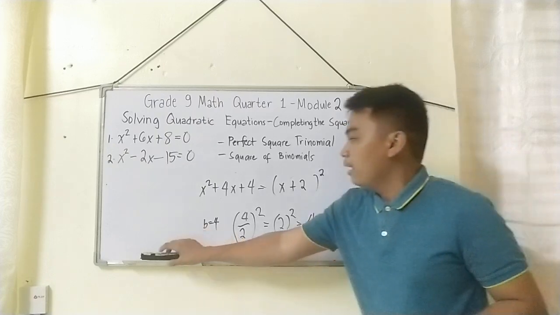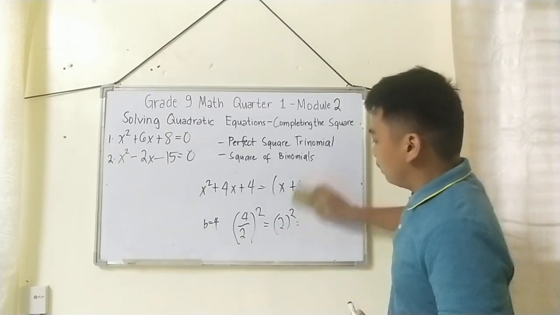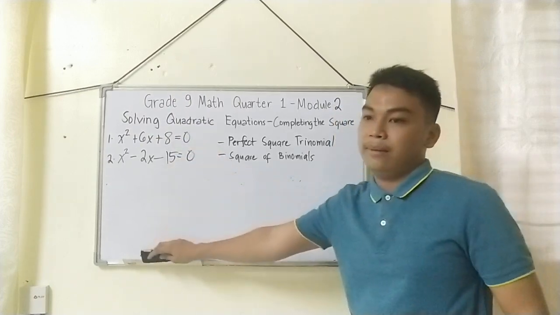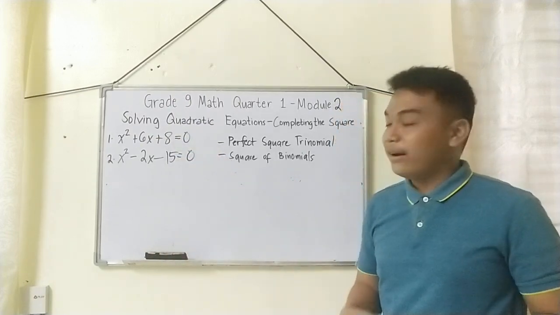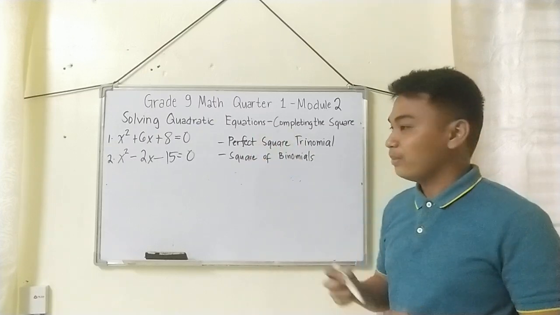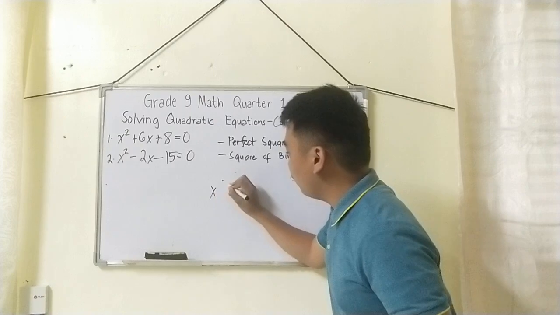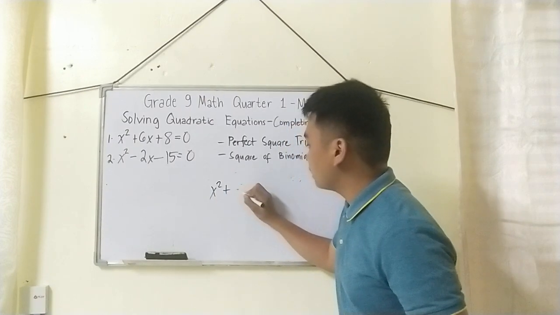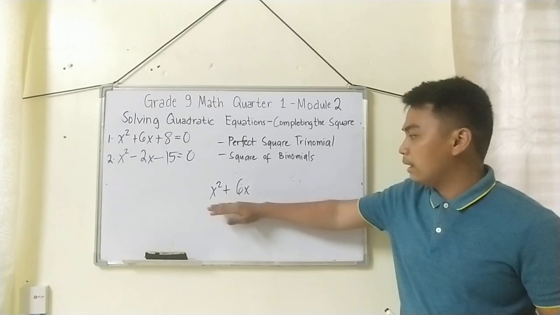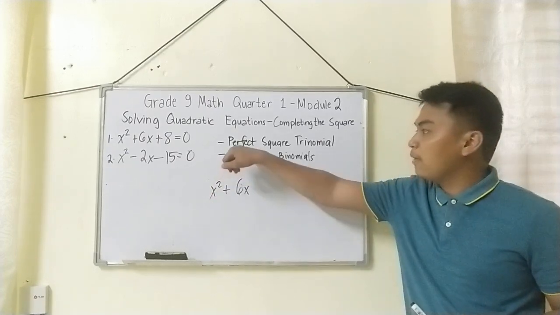Okay, let's proceed to our given problem. Or, let's have another example first before we proceed. Let's say for example, we have x squared plus 6x plus blank. What do we need to add here to make it a perfect square trinomial?